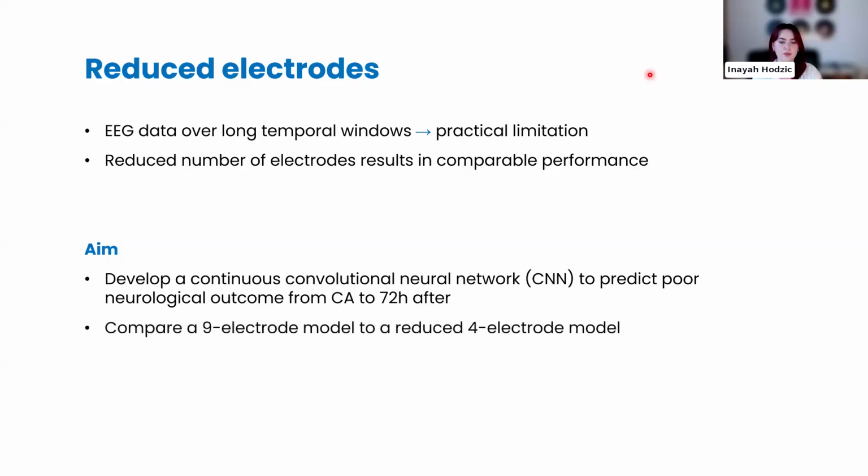And we also wanted to compare a 9 electrode model, so what we use standardly, to a reduced 4 electrode model to see if there are significant differences in performance and perhaps the predictive power as measured of the EEG by these different electrode configurations.